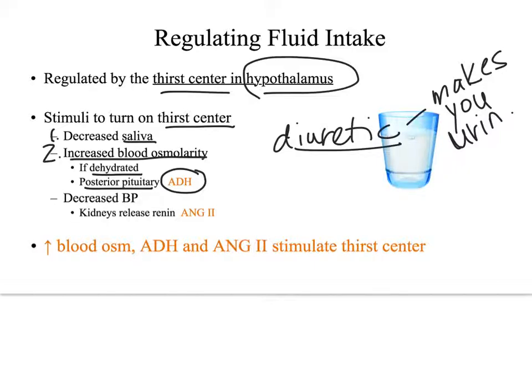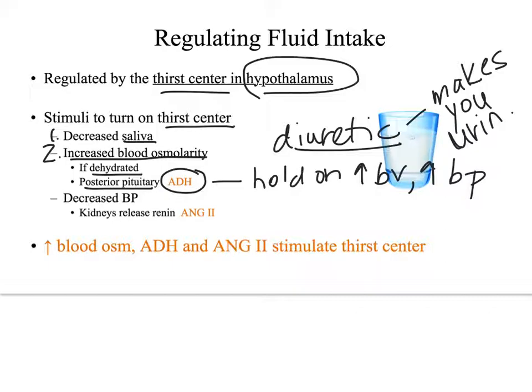So what would antidiuretic do? Antidiuretic is going to cause you to hold on to your urine. So if we hold on to it, that's going to increase blood volume and increase blood pressure.